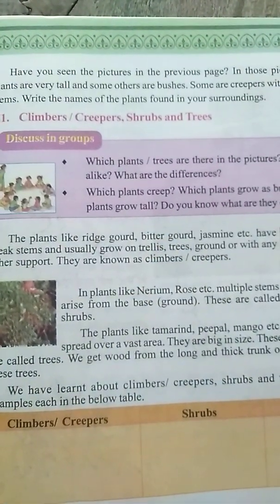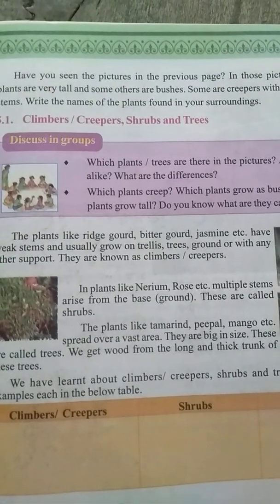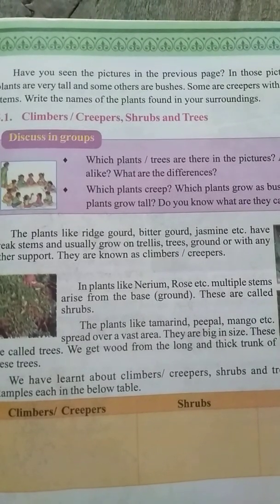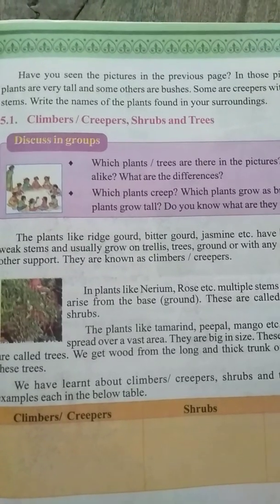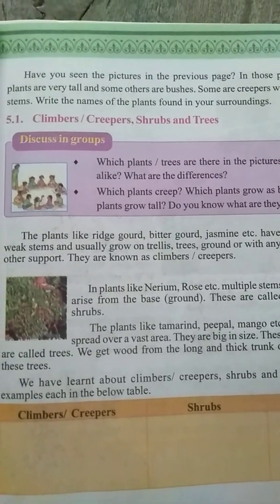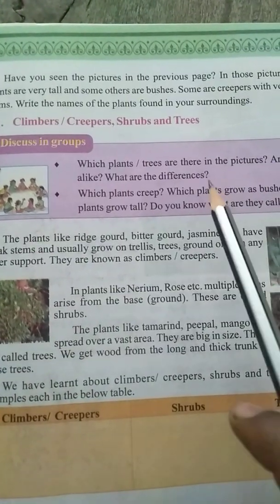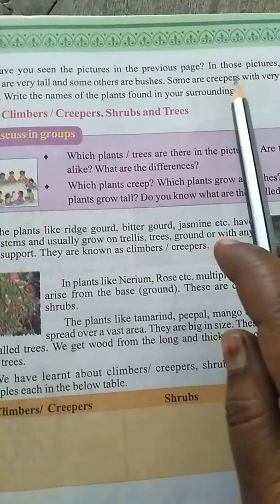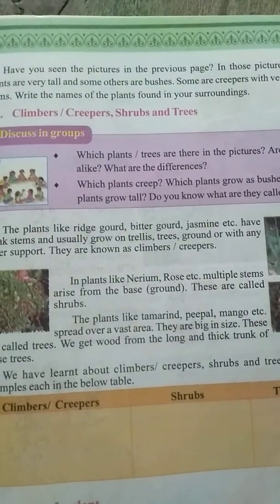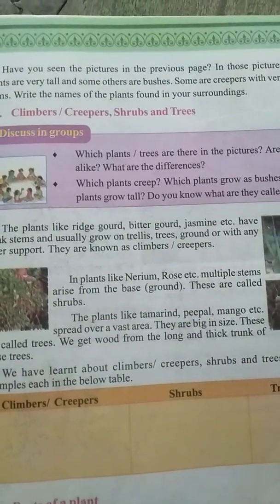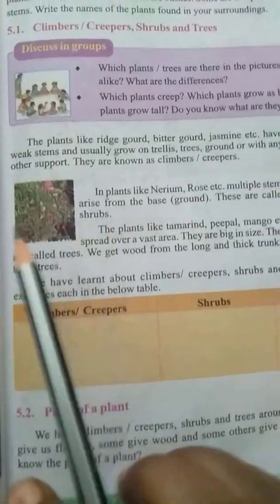In your surroundings, what types of plants do you see, children? There are many different types of plants. In that, some are bushes, some are creepers, and some are climbers.